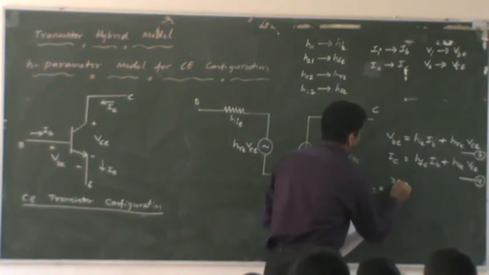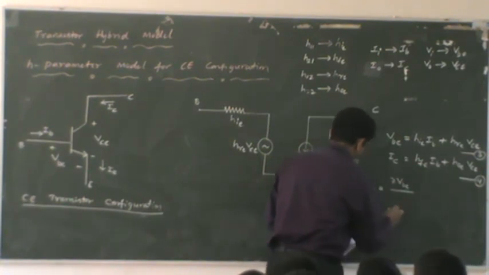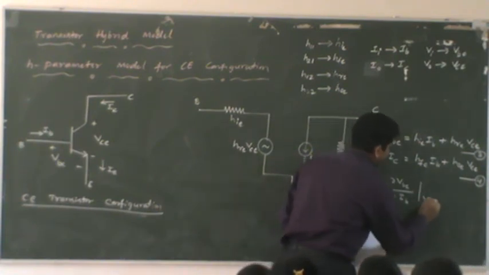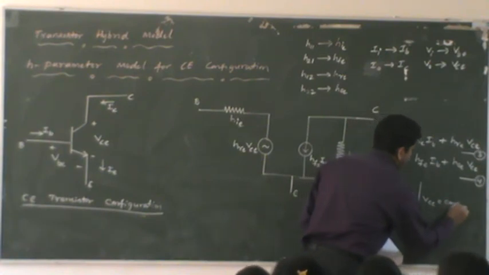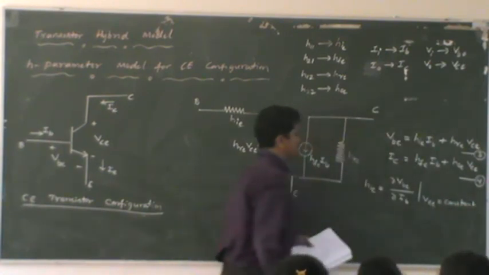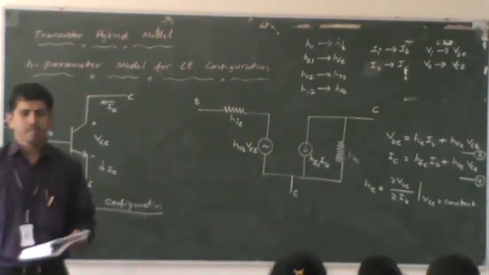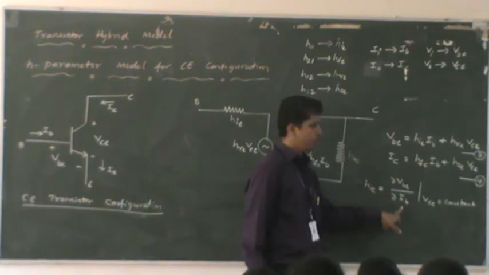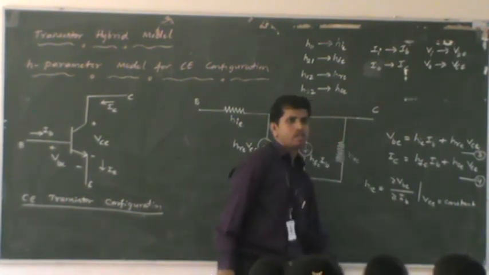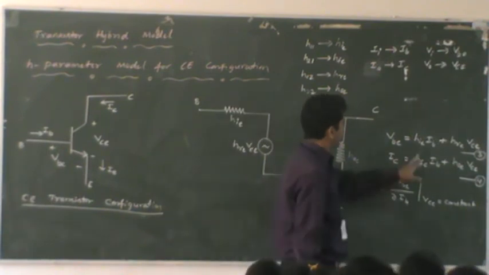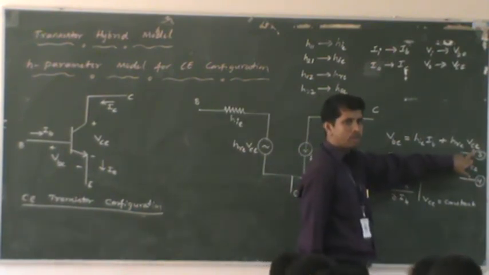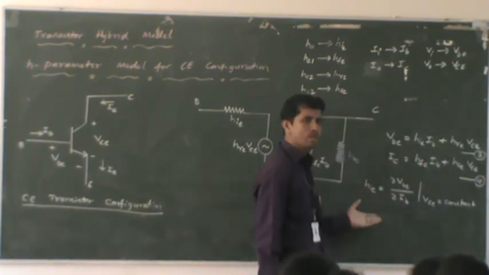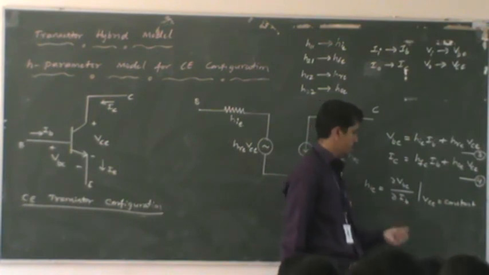So this can be written as dou VBE divided by dou IB, keeping VCE constant. This is the definition for HIE: the instantaneous change in base emitter voltage to the instantaneous change in base current for a constant VCE. If you want to give the actual definition for HIE, you have to make VCE 0, and you can see that HIE becomes VB by IB. That's the actual definition. We have not written the actual definition here, we have written partial calculus.